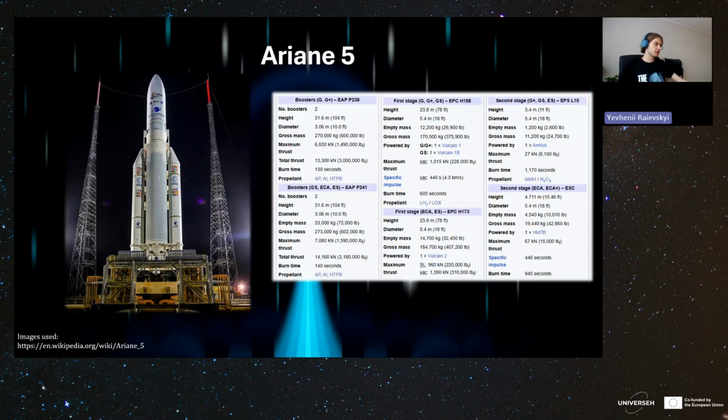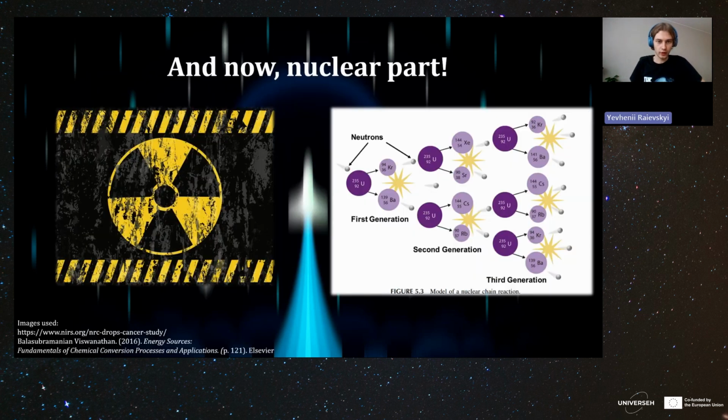So this is the final stage of the classical rocket engines, where the combustion reaction occurs. And now we would go to the nuclear propulsion systems.